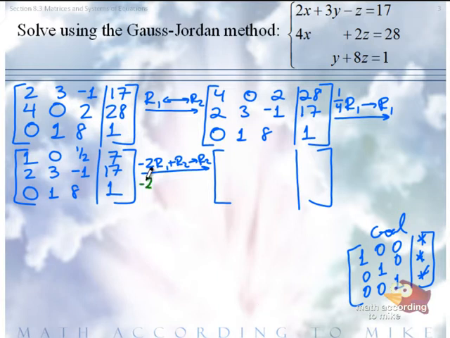Yep. Good. Add those 4 numbers to the second row. What do we get? Yep. Good. Move on to the second column.